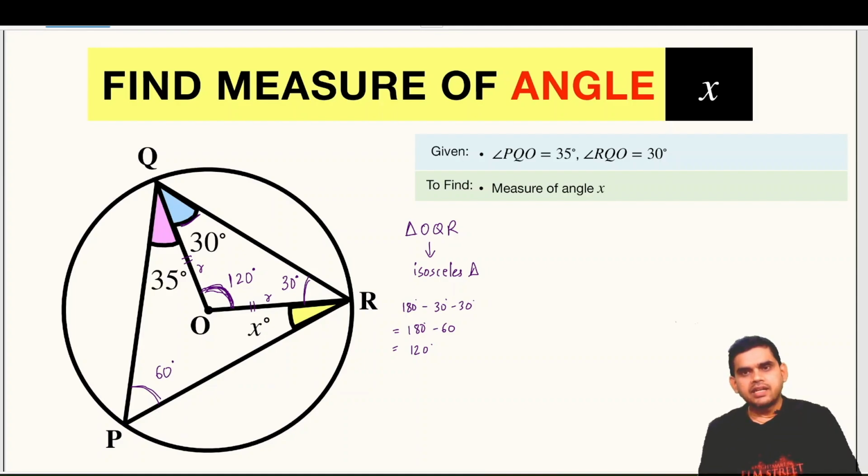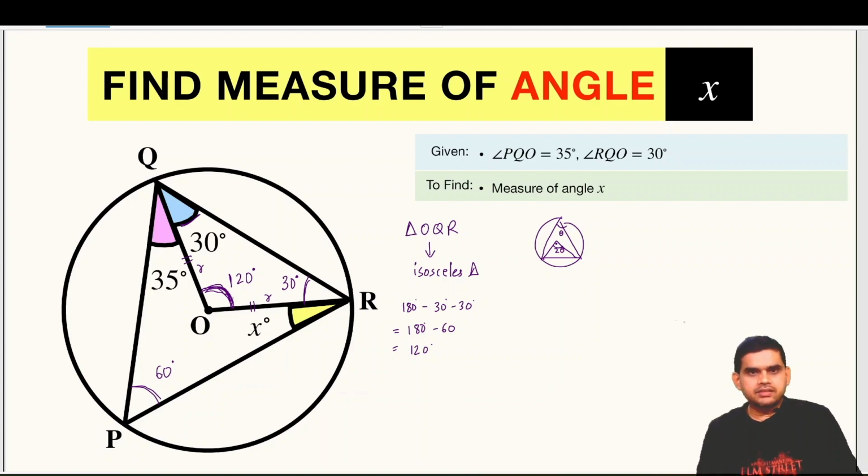Recall that if we have a circle and this is the center, and there is a chord, and two angles are formed, one at the center and one on the circumference at any point, then if this is theta, the central angle is double the theta. So if this is 60, then this will be 120 degrees.